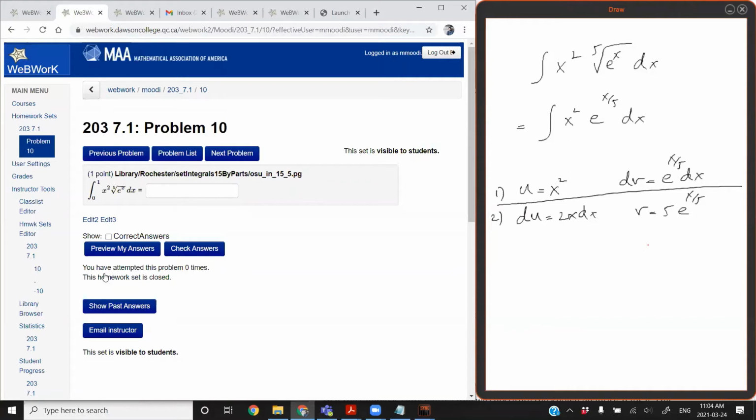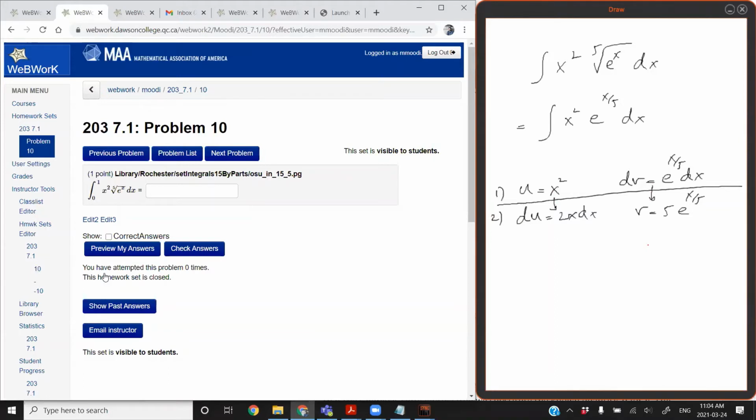I take the derivative of u, and I find the antiderivative of dv. So I have to pick u and dv so that it is easy to take the derivative of u and take the antiderivative of dv. That's it. Okay, I understand.